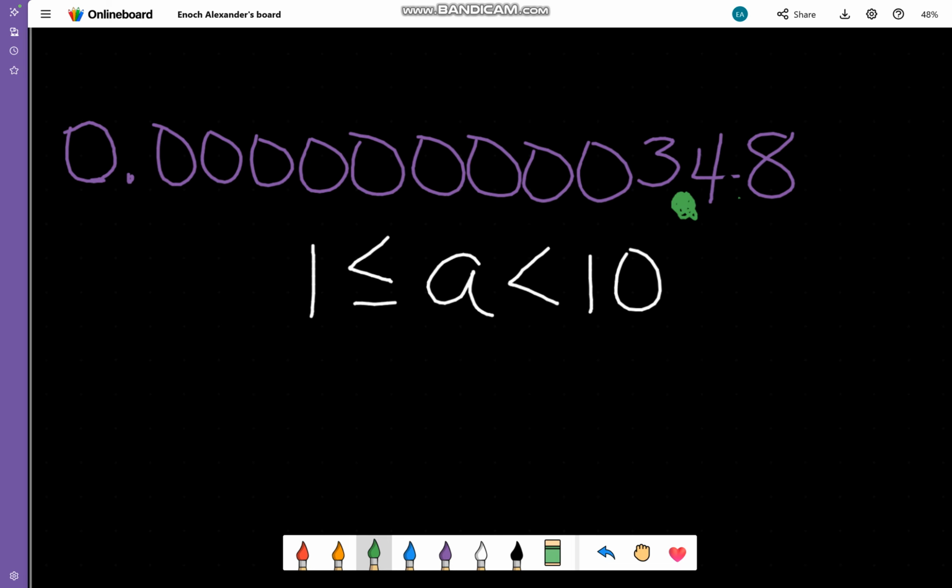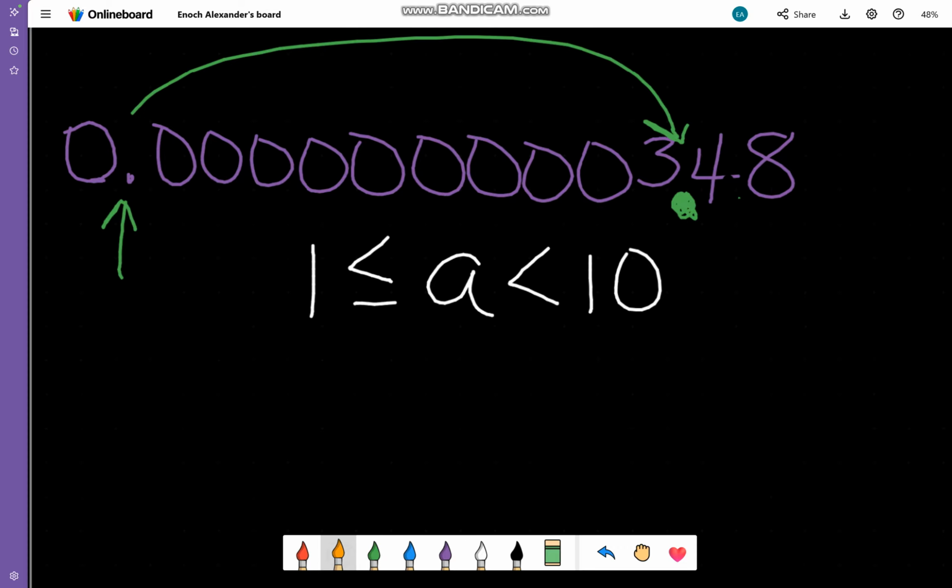Now I have to find out how many decimal places, and once again, I'm not going to count the zeros. I'm going to count the decimal places it's going to take me to get from this point right here to this point over here, in between the 3 and the 4.